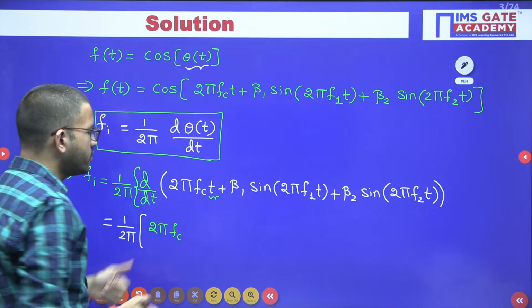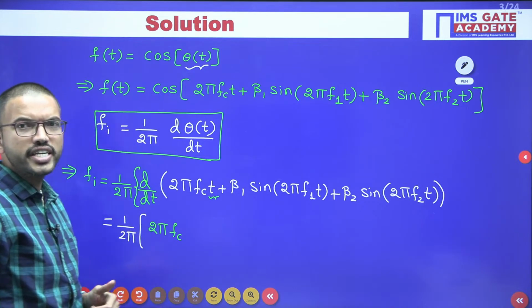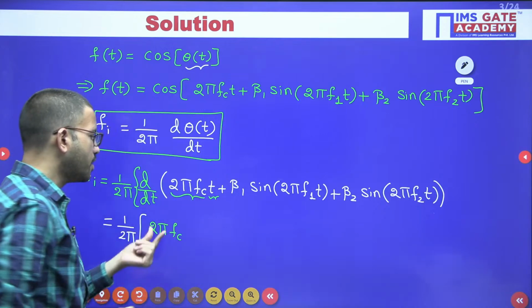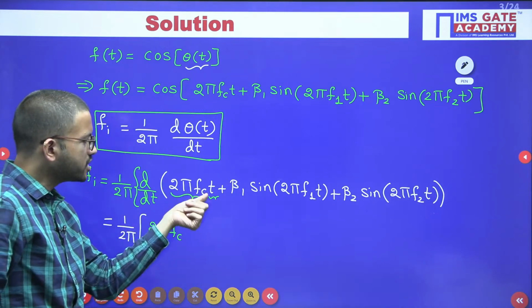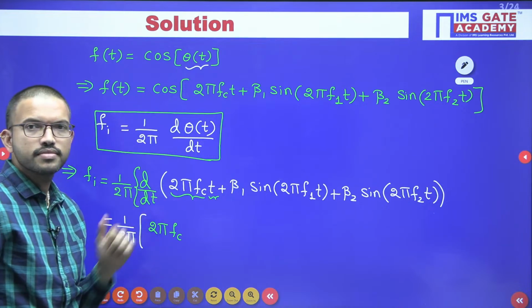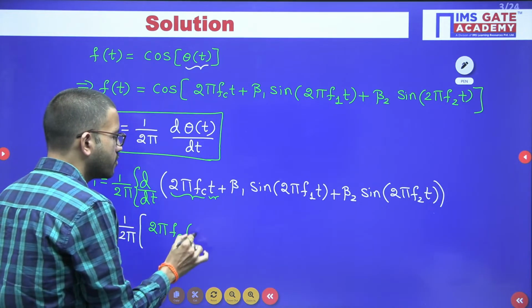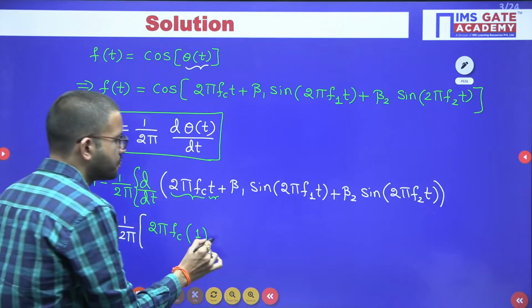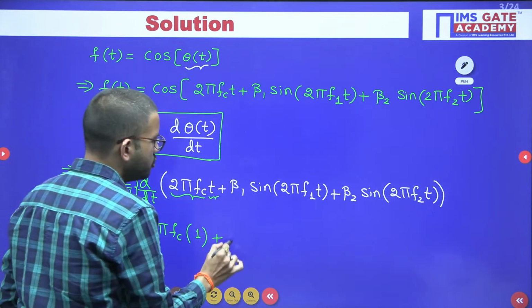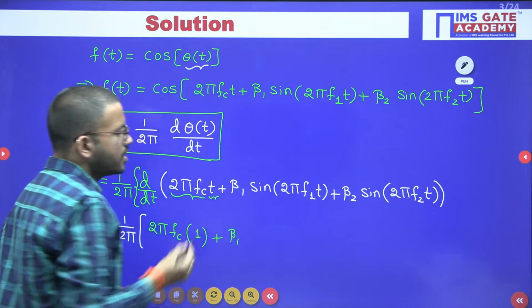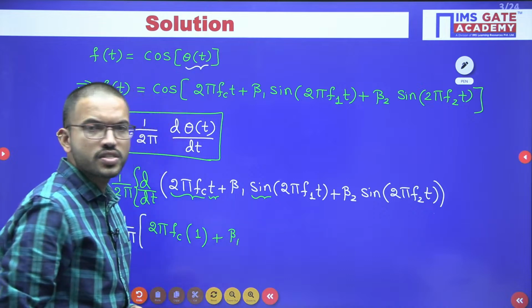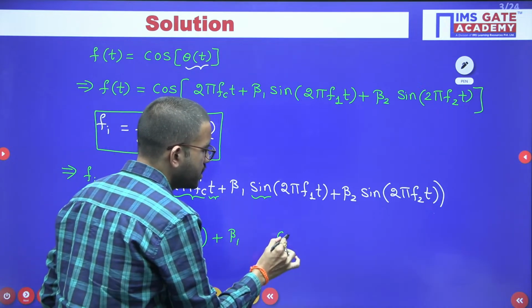Differentiation of t with respect to t, how much do you get? It is dt by dt, so obviously you will get 1. Next, beta 1 you keep as it is. The derivative of the sine term is nothing but cos.